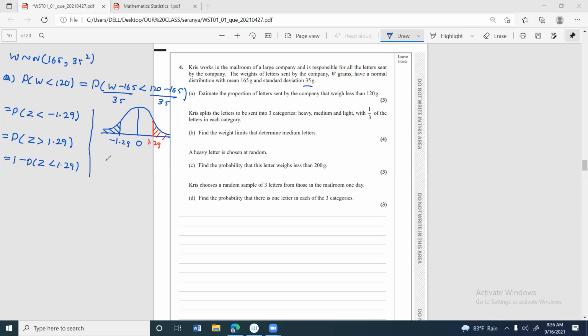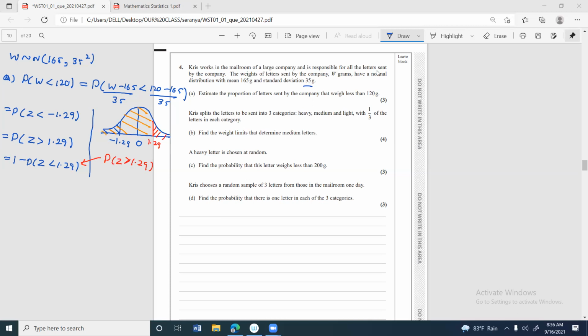Therefore, instead of this, I can write the probability of Z greater than 1.29, which is literally similar to this answer. If you want to get this area, 1 minus this answer should be taken, because the table always supports only the lesser region. So that is the second technique. Anyhow, you come up with the same answer.